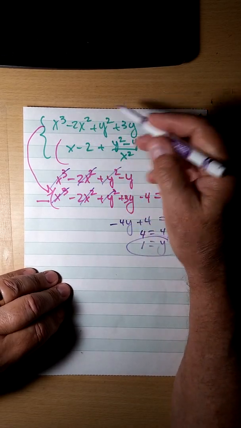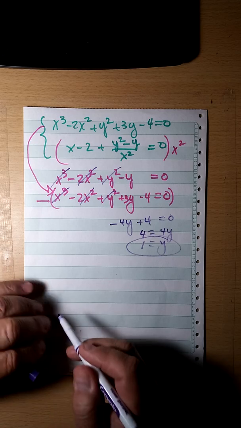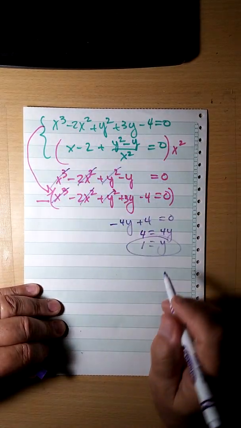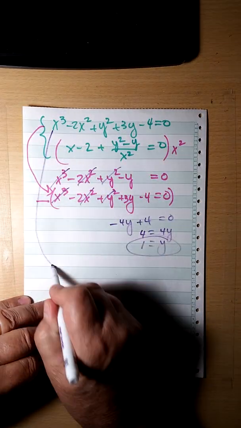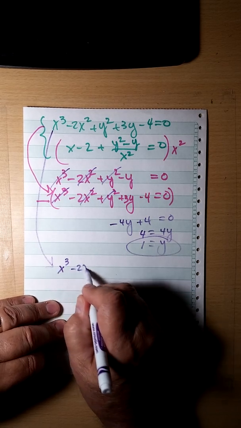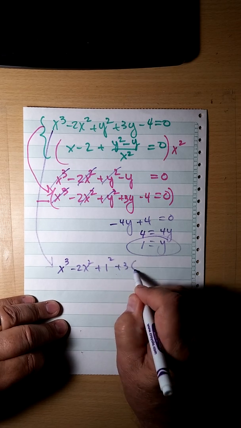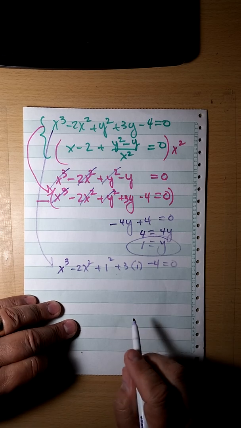This is a cubic, so this is a little bit different graph than circles and ellipses and such. But if I put the 1 back in, what do I get? When y is 1. Let's use that for this one. So x cubed minus 2x squared plus 1 squared plus 3 times 1 minus 4 equals 0.